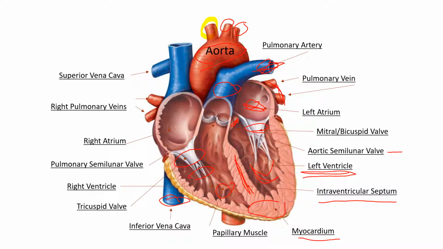And right up in here, you're going to have your pulmonary semilunar valve, just like you had your aortic semilunar valve here. This is your pulmonary semilunar valve. You're going to have your right atrium in here, your right pulmonary vein, and this area here is going to be your superior vena cava.